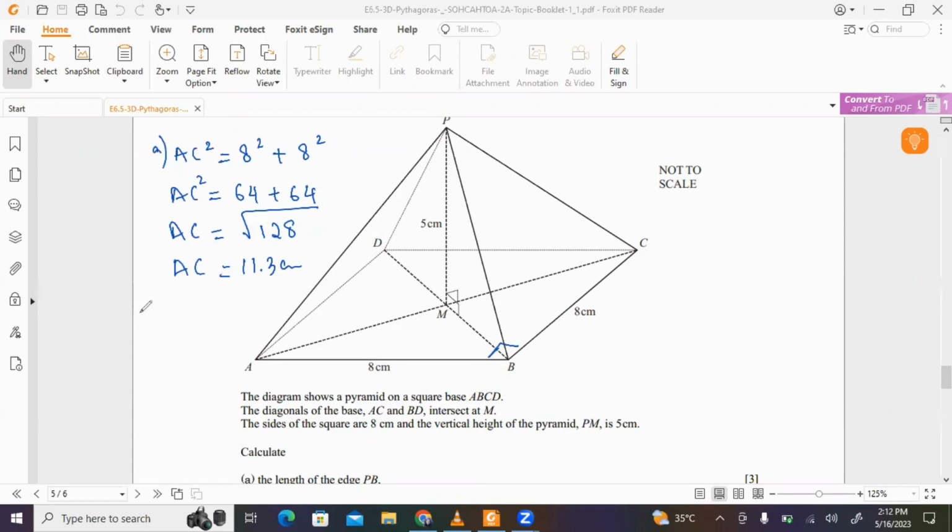So to find MB, since that is our focus at the moment, we do AC divided by 2. And 11.3 divided by 2 gives us 5.65 centimeters.